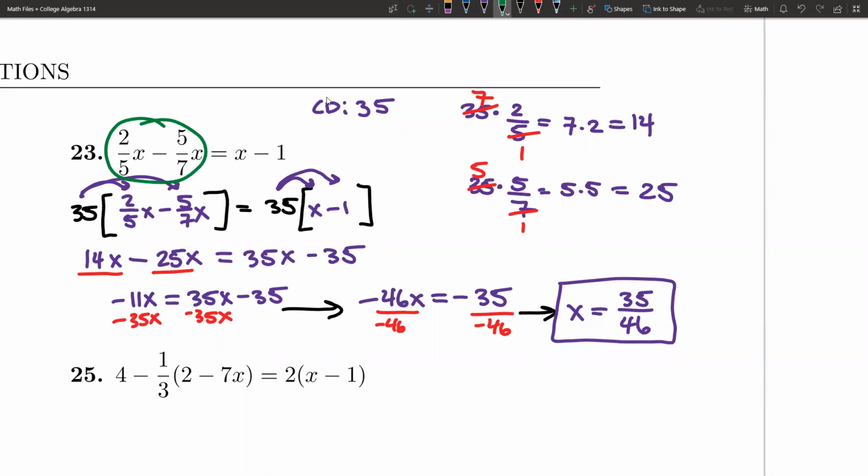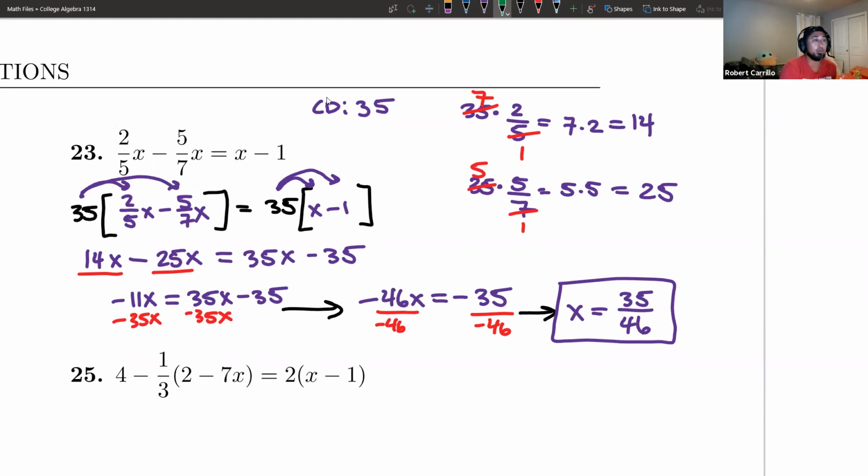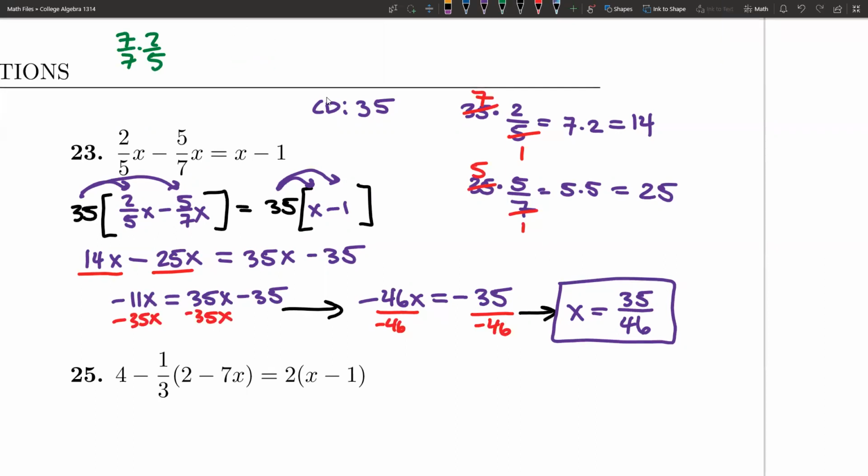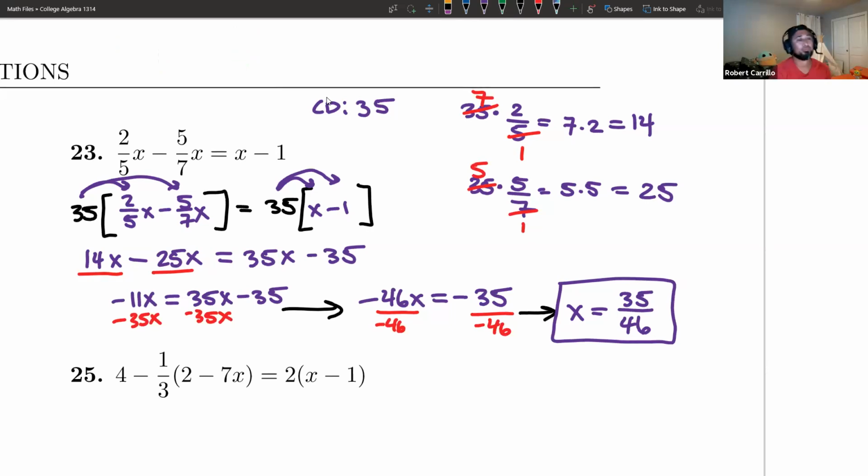You would still have a common denominator between two fractions. But if you didn't want to clear your fractions, then I would multiply 2/5 by 7 over 7, and I would multiply 5/7 by 5 over 5. So that's another way to handle that. Okay, thank you.